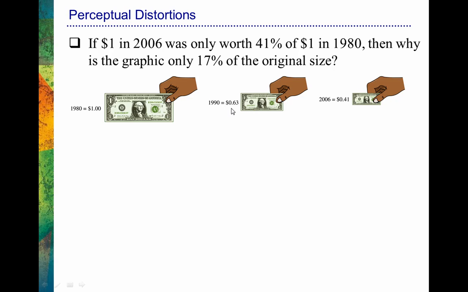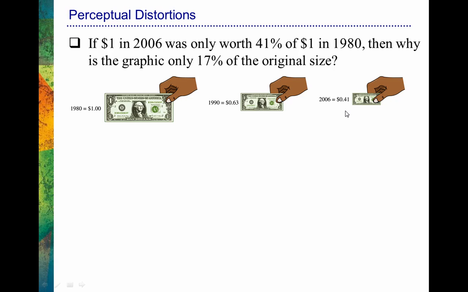In 1990, it's only worth about 63 cents, and in 2006, it's only worth about 41 cents. But this question up here is important. If $1 in 2006 was only worth 41% of what it was worth in 1980, then why is this graphic only 17% of the original size of this graphic?